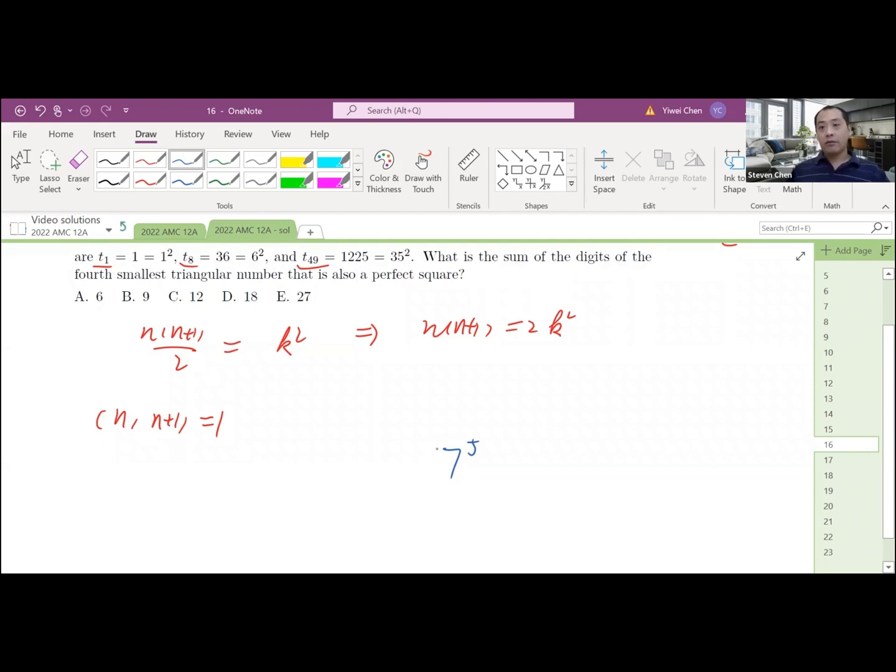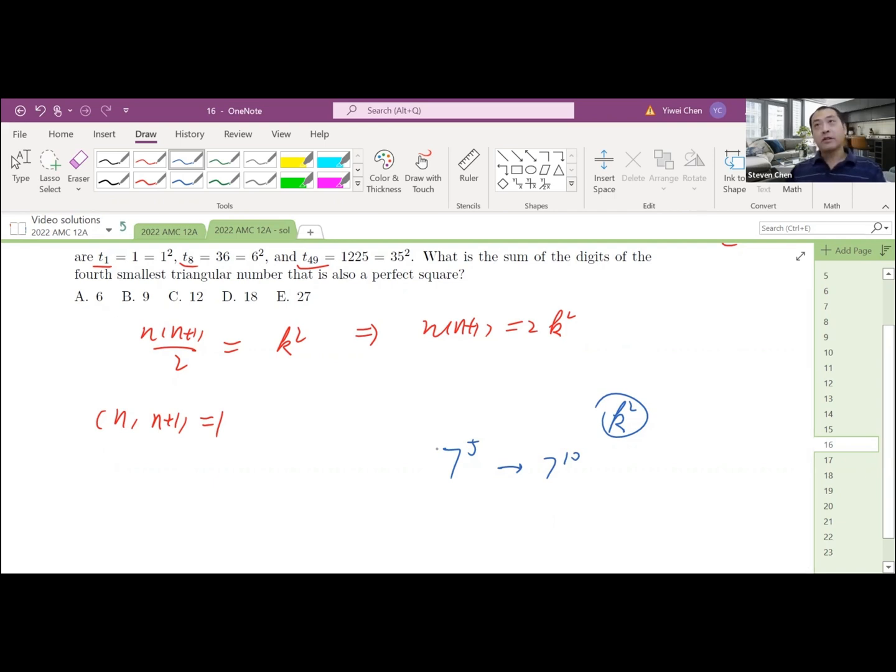So for k squared, if we do the prime factorization, then every prime factor has an even exponent. For example, if for k, 7 has multiplicity 5, then for k squared, we have 7 to the power of 10. So the exponent is even, right?